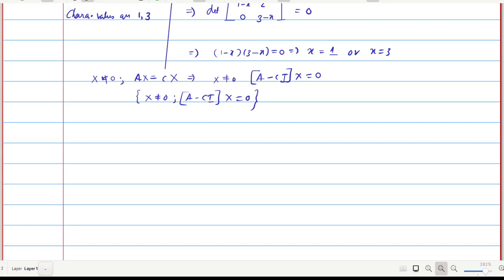So in order to get them, you need to find this collection, and of course x equal to 0 satisfies this condition as well.